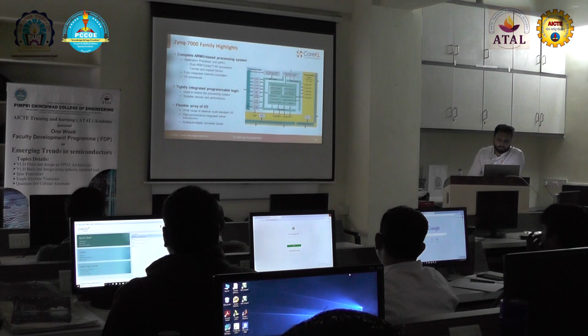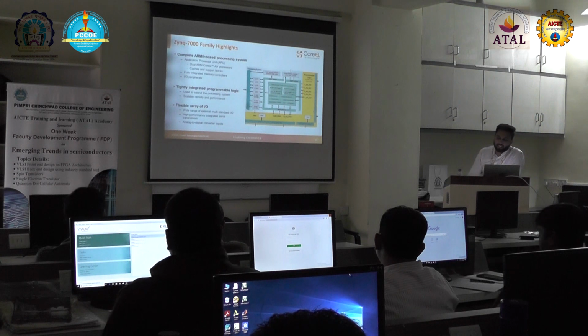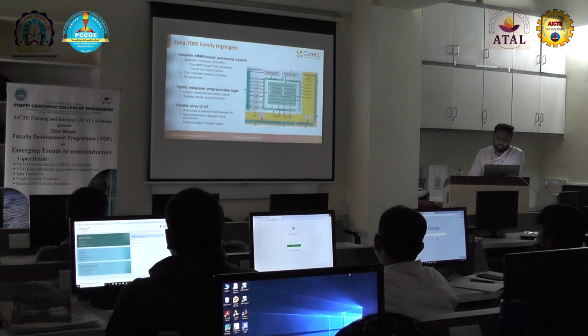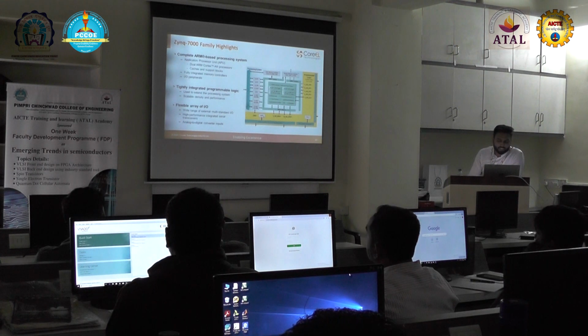So scalable density and performance. It has multi-standard IOs, where you get 54 input outputs from the programmable logic to interconnect to the processing system. And when it comes to the flexible array of IOs, you get a wide range of IOs, like you can see here, multi-standard IOs.